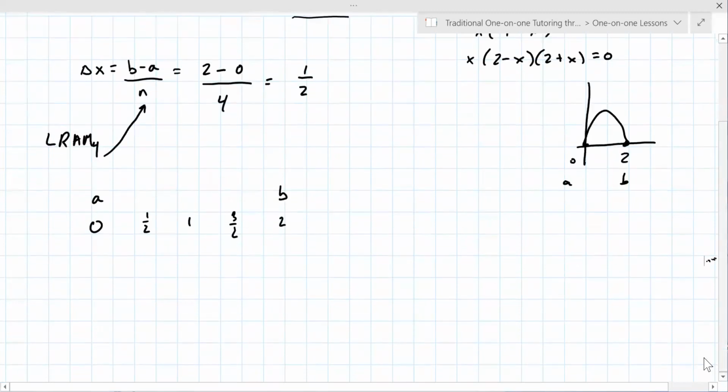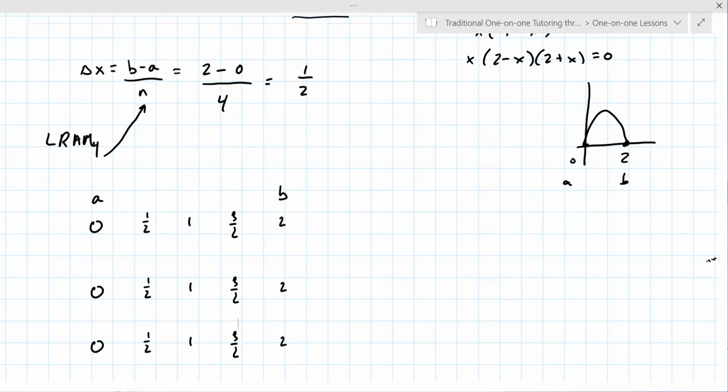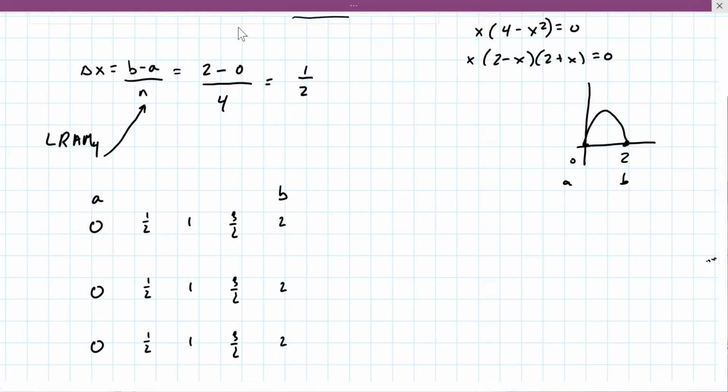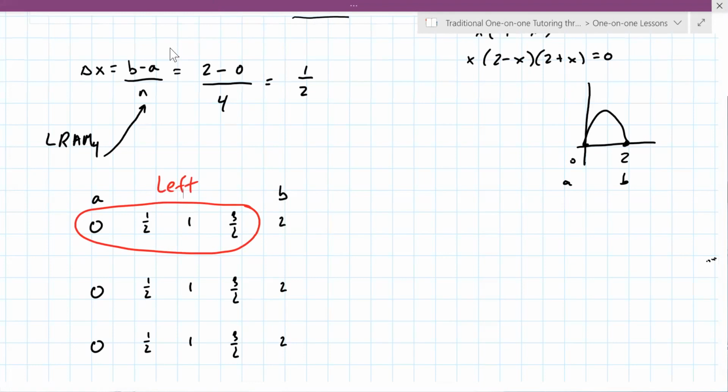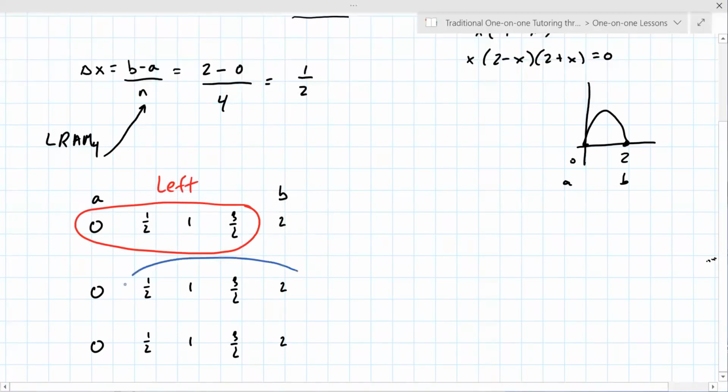I'm going to just copy these numbers again here and try to use some colors to make it clear what's happening. So if you're doing a left, it uses these 4 numbers, and a right uses these 4 numbers.